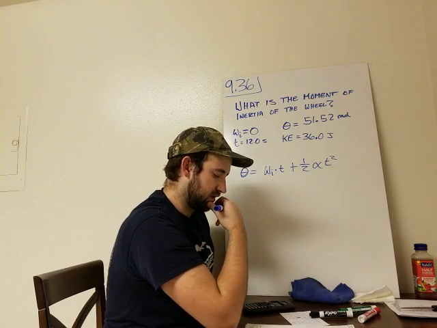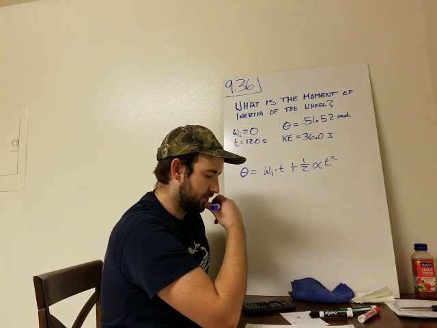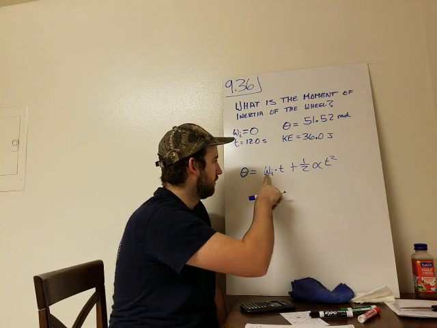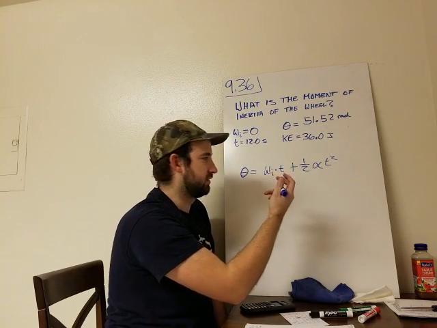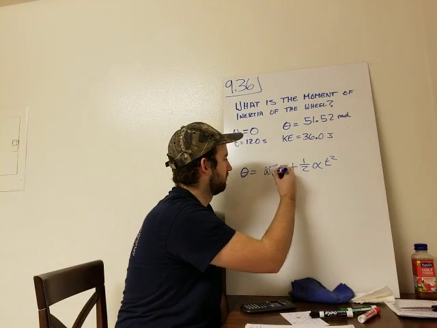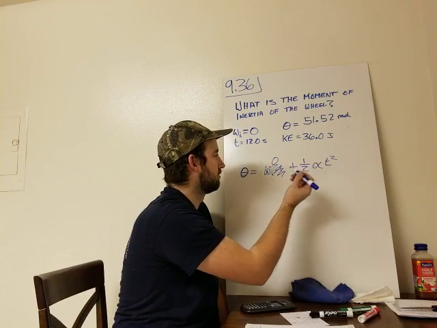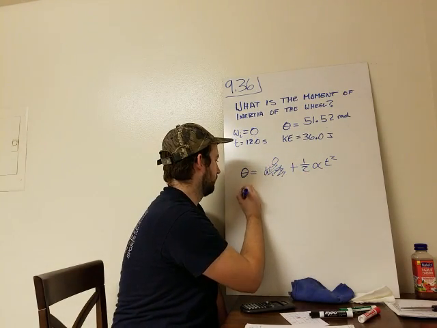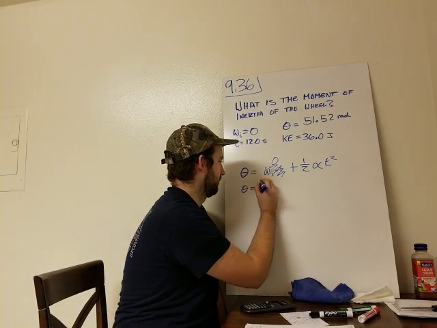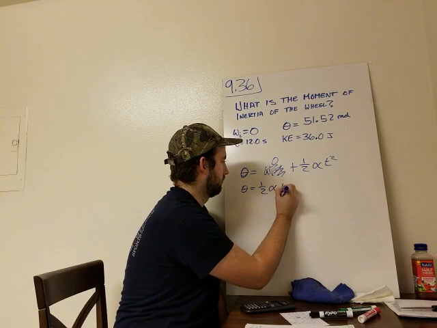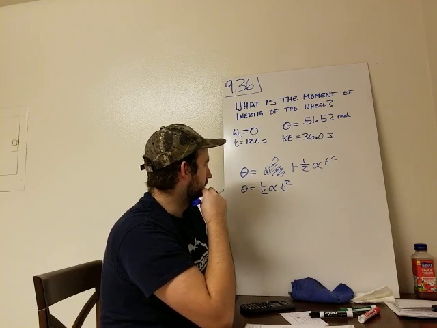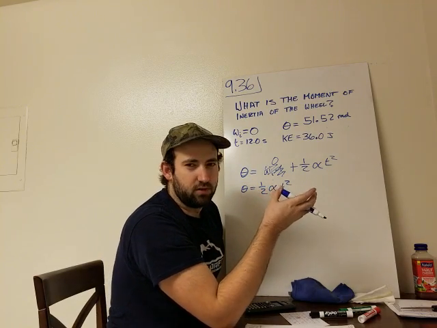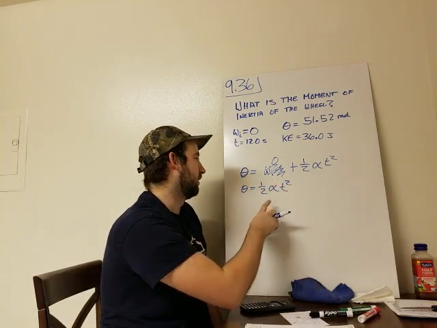The nice thing is that the initial angular velocity is 0 since it's starting from rest. So we can just cancel all of that, that's just equal to 0. And I guess I didn't really do a good job explaining what we're doing here.